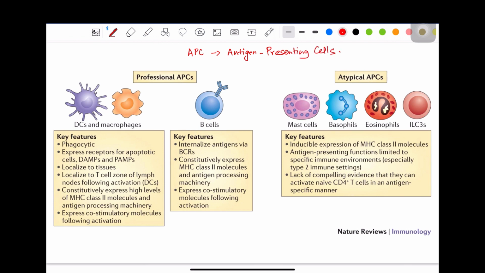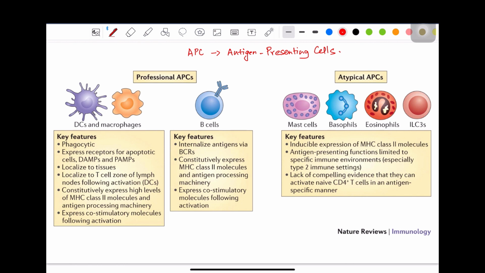Now there are many types of antigen presenting cells. These cells are the first responders when there is an infiltration of any antigen or any pathogen. They go to the site of infection, and then they can phagocytose the antigen, internalize the antigen, and also express some receptors on their surface with which they can present this antigen.